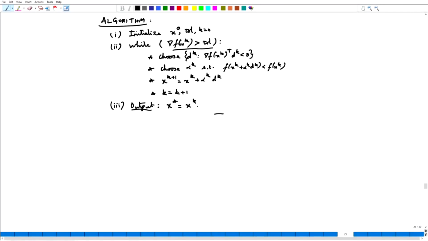How do I choose the specific descent direction and the specific step size value? The choice of step size is given by a set of algorithms called the line search algorithms.